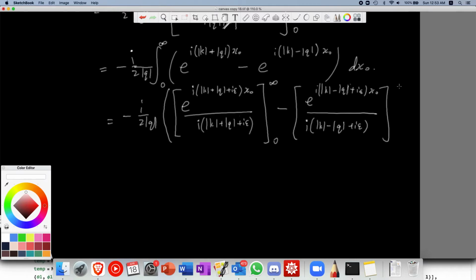Then this is between infinity and 0 again, and we close out the bracket, so this is minus i over 2q. So the top one is 0, the bottom one will be minus 1 over i k plus q plus i epsilon. I shall just drop the magnitude signs because it's a bit inconvenient to write.